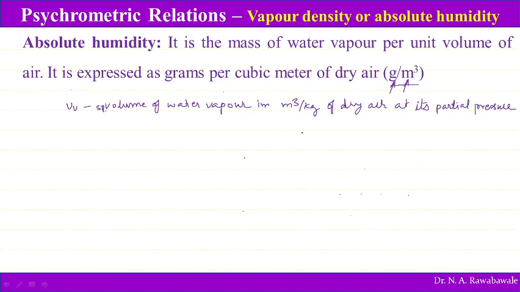Then VA is the specific volume of dry air in meter cube per kg of dry air at its partial pressure.